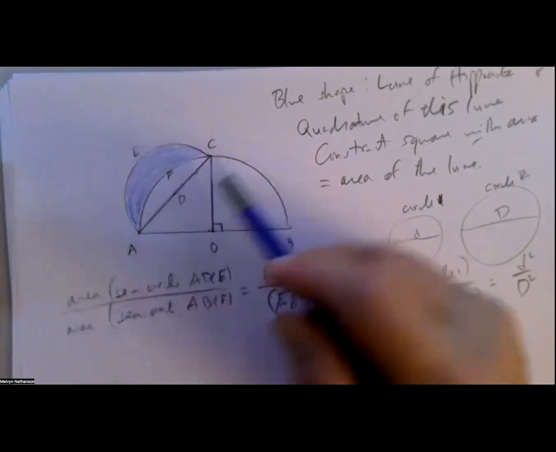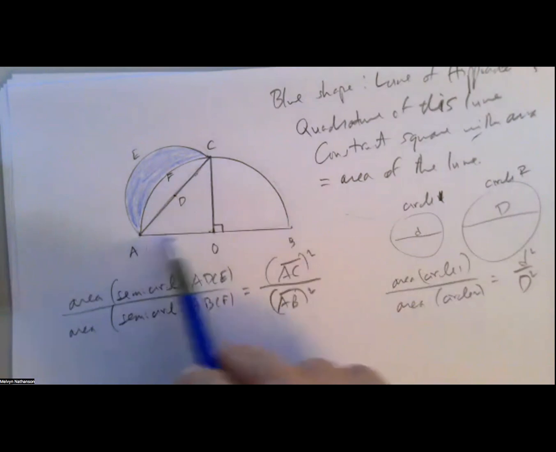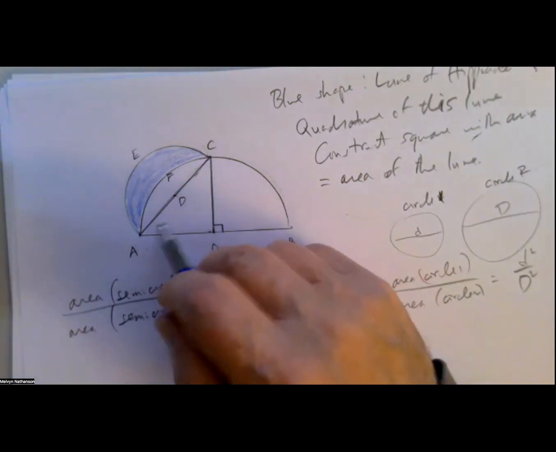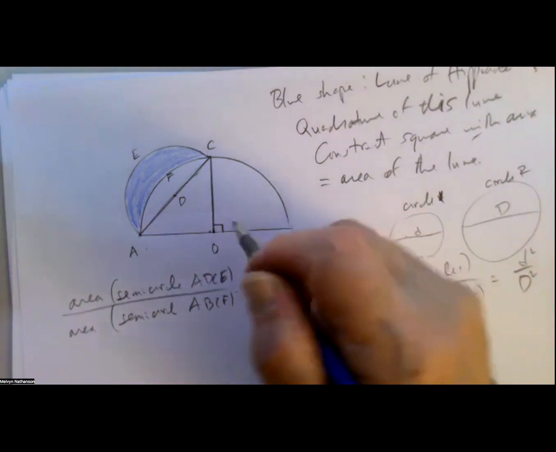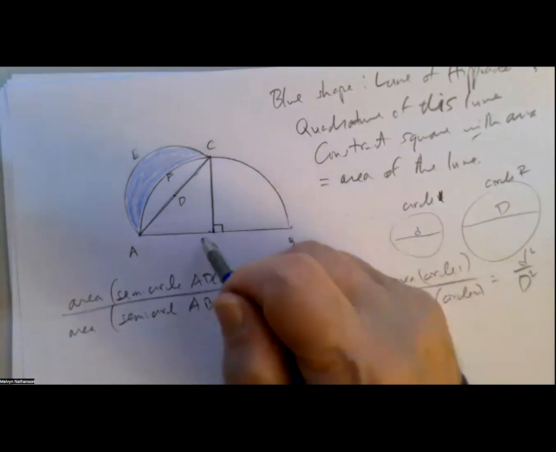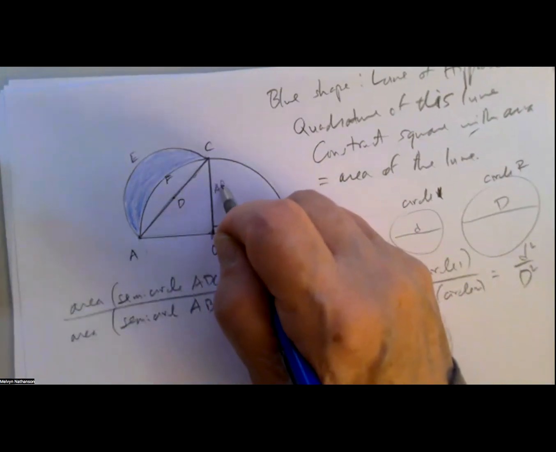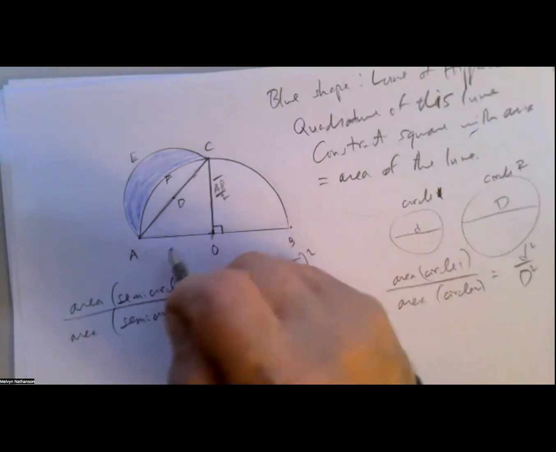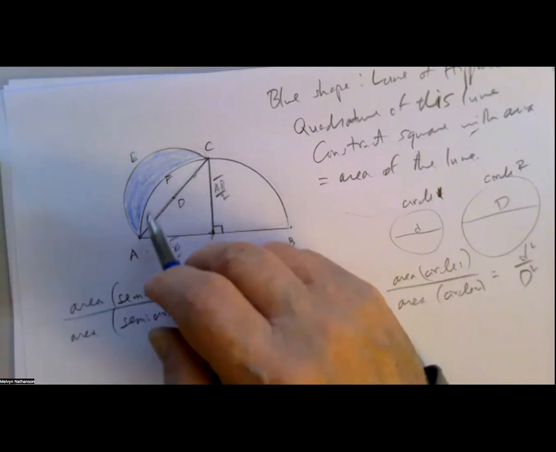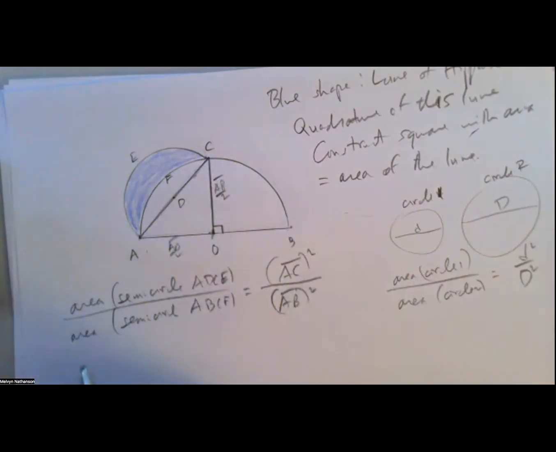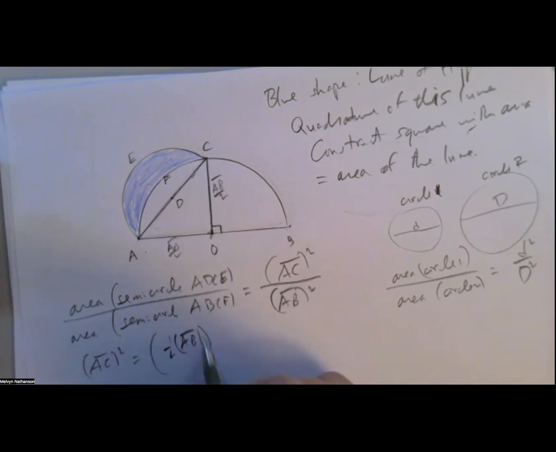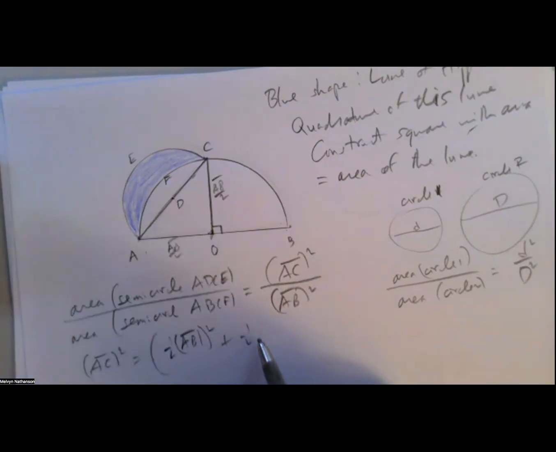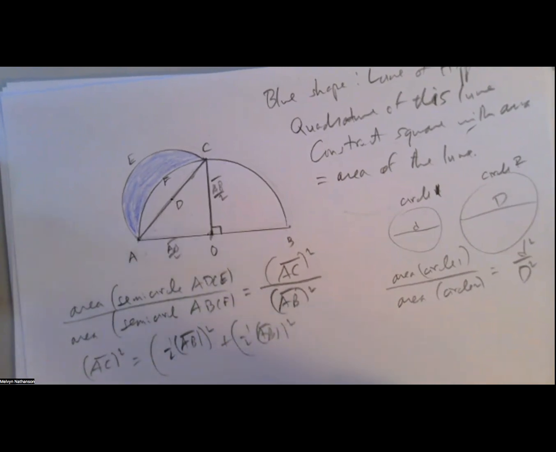What's the relationship between the length of AC and the length of AB? So this is a right triangle. This has length AB. This is half of it, so this is the length of AB over 2. And this is the length of AB over 2. And this is a right triangle. So the length of AC squared is 1/2 the length of AB all squared plus 1/2 the length of AB all squared.